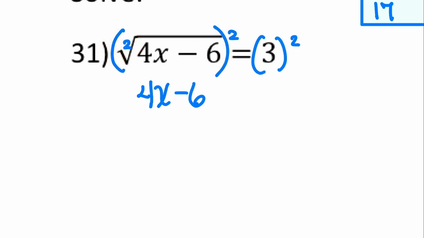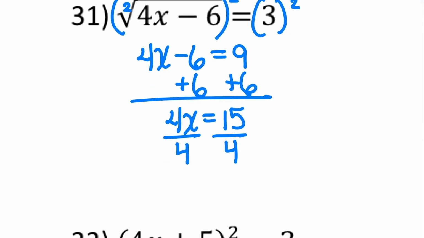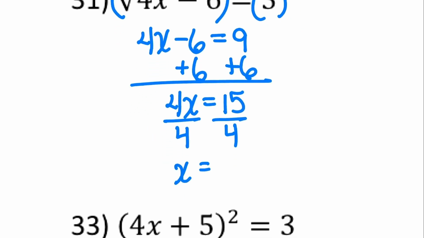They're going to cancel. So 4x minus 6 is going to equal 9. We're going to add 6 to both sides. So it's going to be 4x equals 15. Then divide both sides by 4. So we're going to end up with a final answer of x equals 15/4.